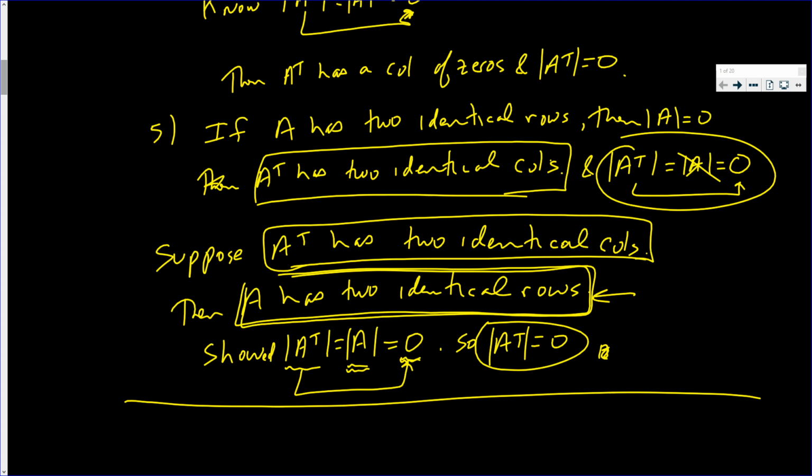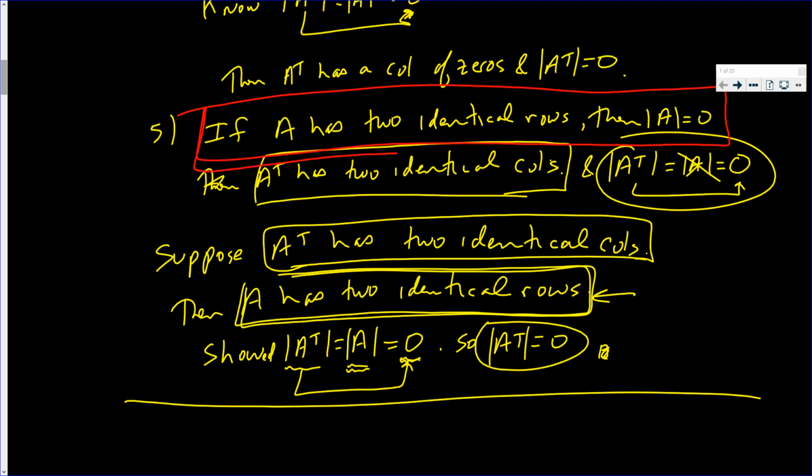We have a statement here. Actually, we don't even have to say transpose. If A has two identical rows, then the determinant of A is 0. Well, then you can say columns.